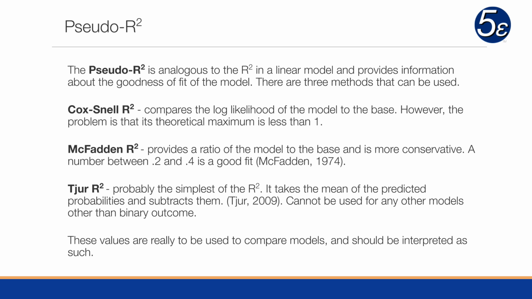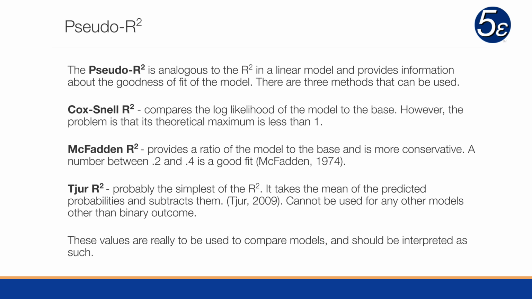We have McFadden's R2, which provides a ratio of the model to the base, and it's more conservative. A number between 0.2 and 0.4 is generally a good fit. And the Tjur R2, probably the simplest of the R2s, takes the mean of the predicted probabilities and subtracts them. It cannot be used for any models other than binary outcome.